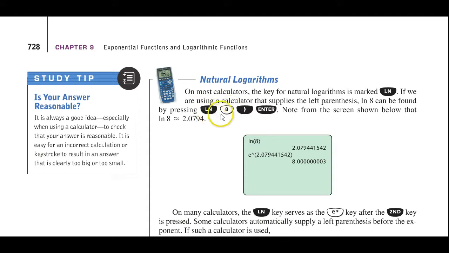So again, depending on what they're asking you to do, if they wanted you to find the natural log of 8, you would go on your calculator and hit natural log 8, and usually it comes up with a parenthesis, so you have to add another parenthesis, hit enter, and then when you round it off to 4 decimal places, this is what you get.